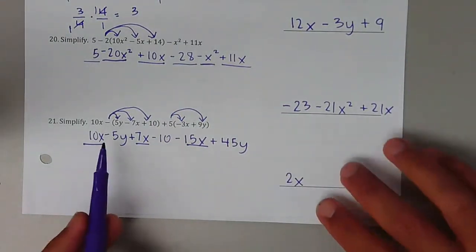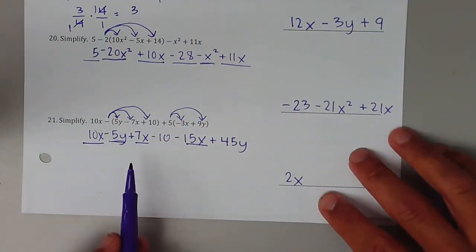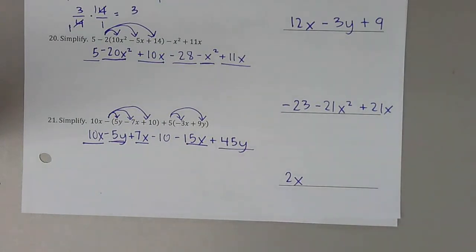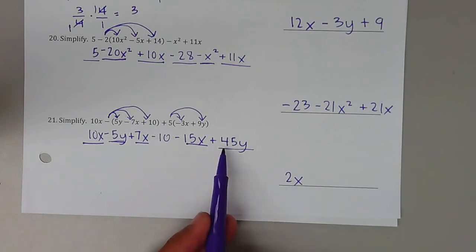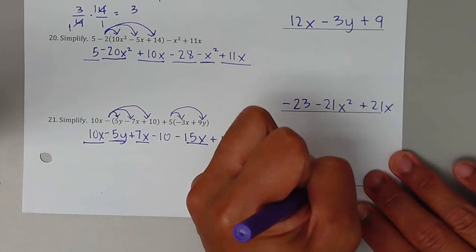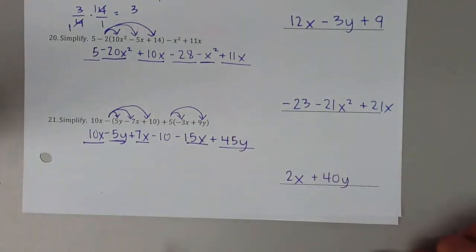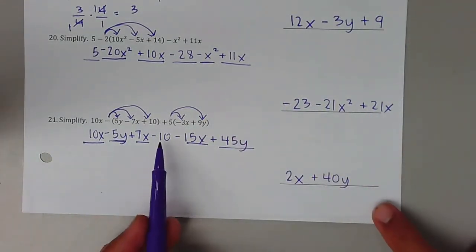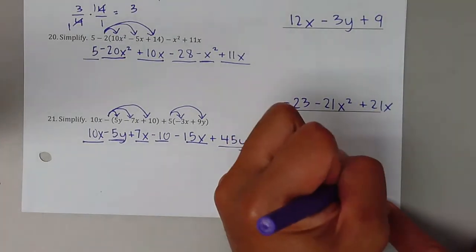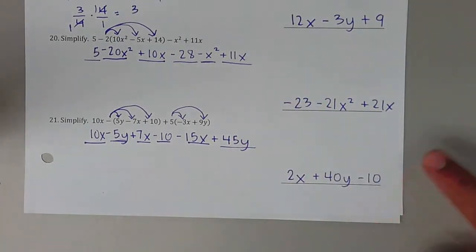All right, next we have these y's, negative 5y and plus 45y. Negative 5 plus 45 gives us 40, so plus 40y. And then lastly, we just have this negative 10, so minus 10. Final answer.